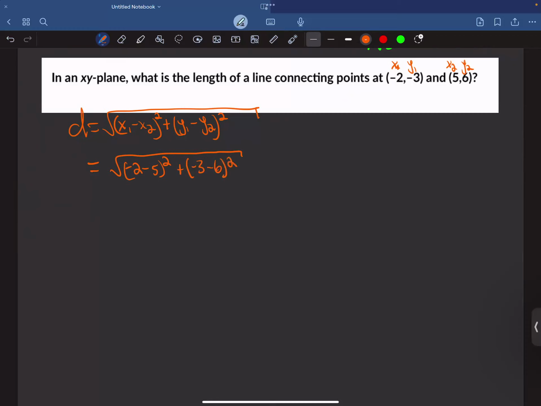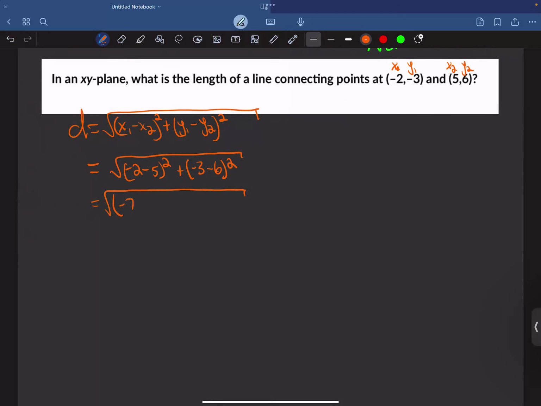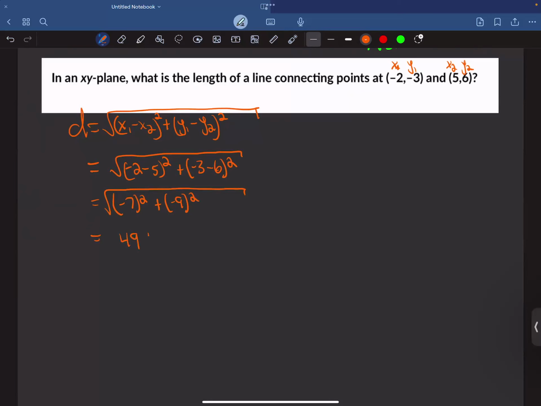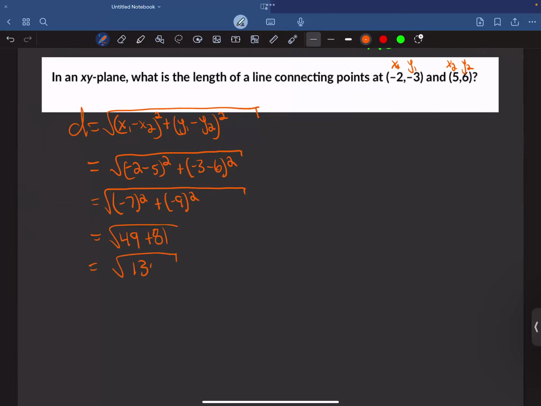Again, I got those numbers directly from my coordinate pairs. We're dealing with -7 squared plus -9 squared. You are always going to end up with positive numbers here, so 49 plus 81. And that's going to give you square root of 130.